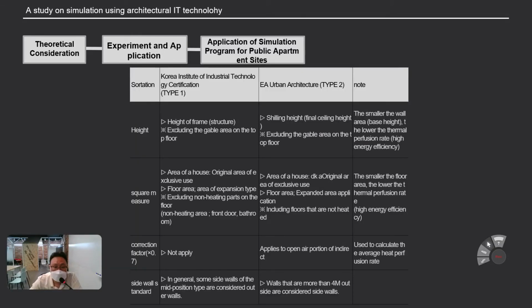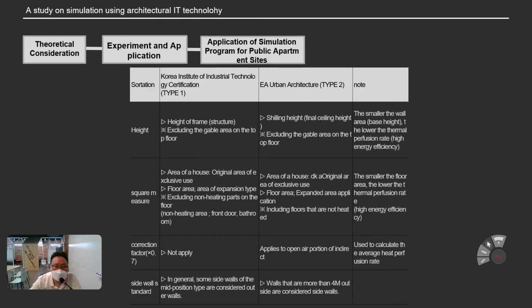This table explains the application. Classification and contents: Korean Institute of Industrial Technology certification is type 1. EA urban architecture is type 2.